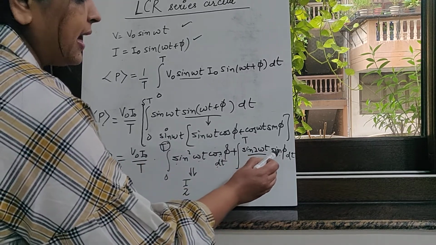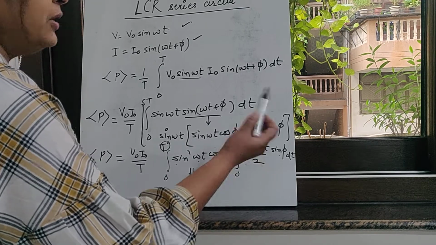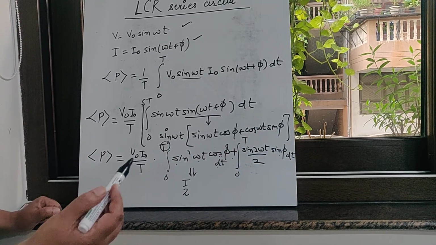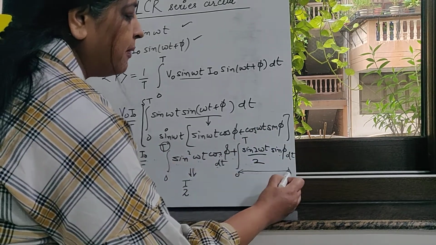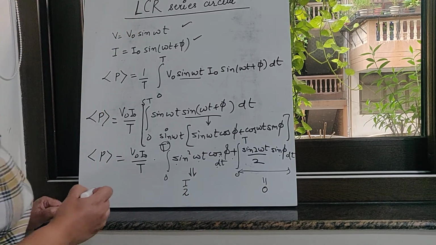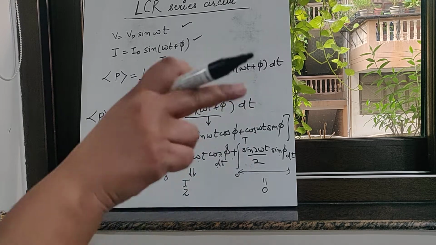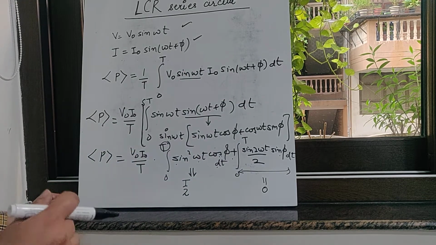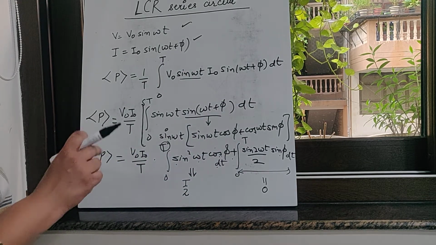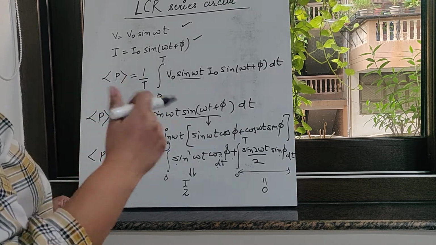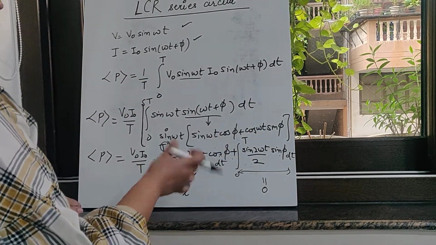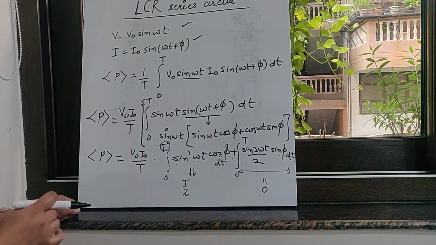Here sin phi will come out, and sin 2 theta will give an integration 0. So the result of this complete integration is 0, and we have done it in the class while we were doing it for the power consumed in the complete cycle when the AC is applied across the resistor. So all this we have already done. I am just using those formulas over here.